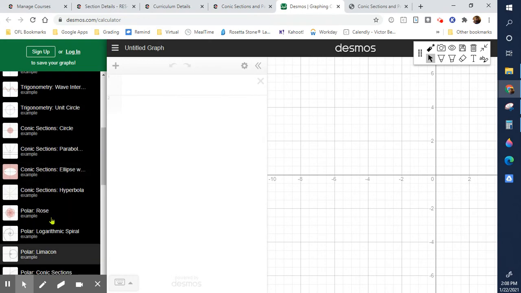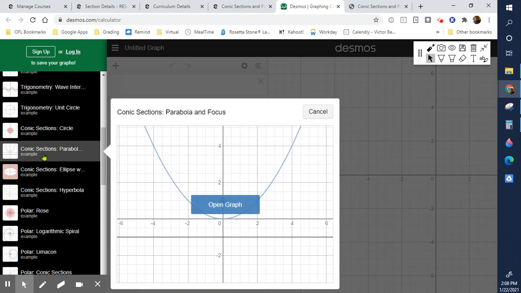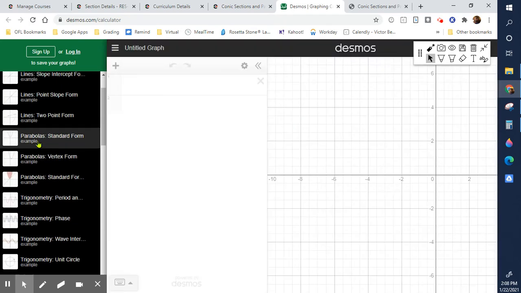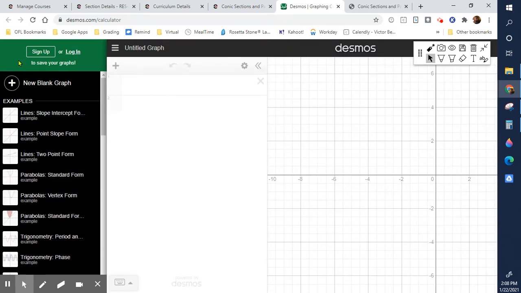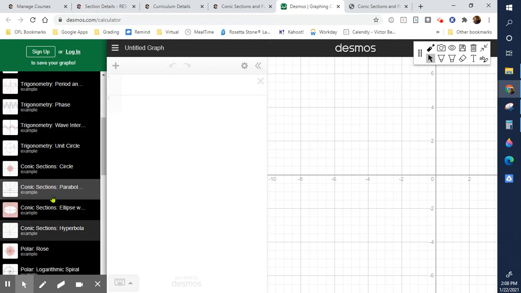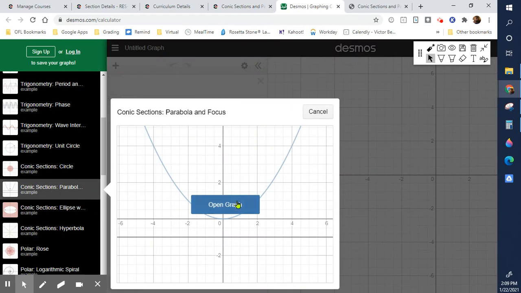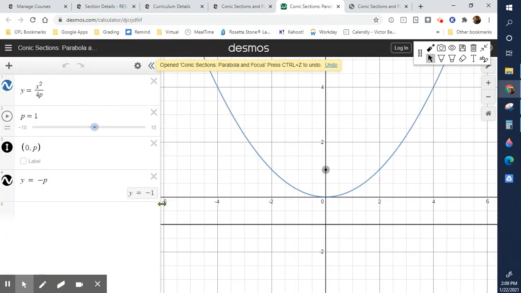So from here, we're going to scroll down, go all the way to Conic sections and parabola. It's a little cut off. I don't think there's a way to expand it, but you can tell this is supposed to be parabola. Click open graph. So now we have this.